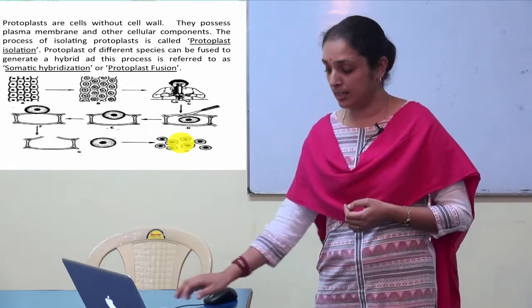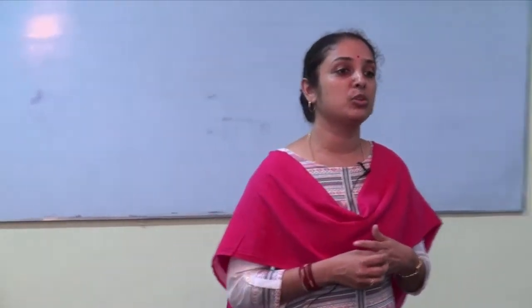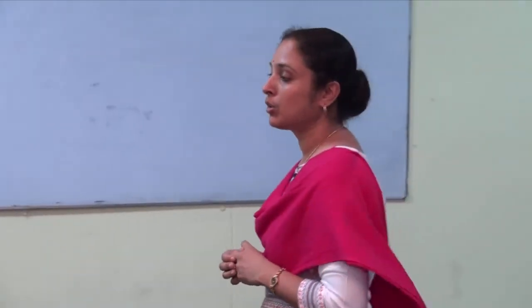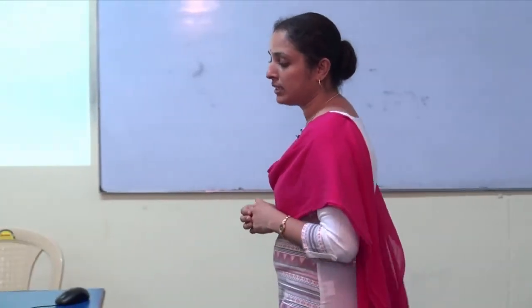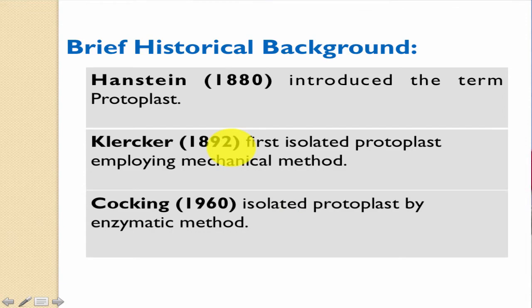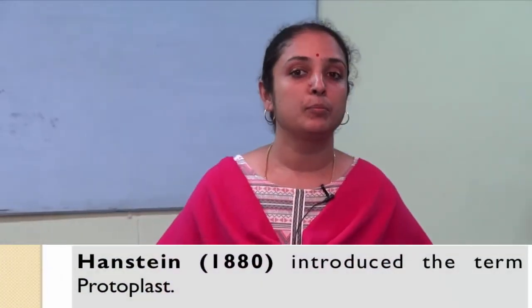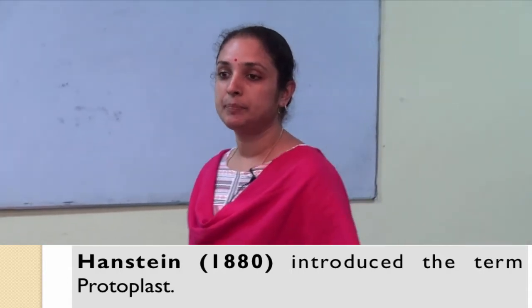So in detail, to study protoplast, let us understand the historical background, who has contributed what in protoplast culture. There is one scientist by name Hanstein who put forward the term protoplast.